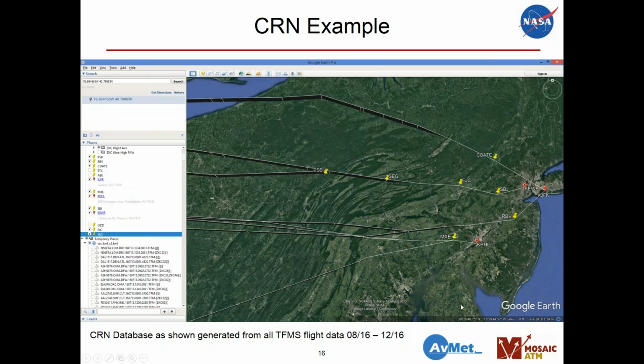Now, the interesting thing though is when we add in Newark, and we looked at the operations out of Newark and looked at the routes that were generated for departures out of Newark. And we found that there was a combination of route segments that occurred frequently enough that the route generator was willing to generate a route that went out through Phillipsburg in this example.